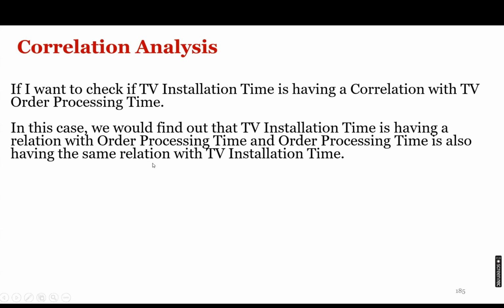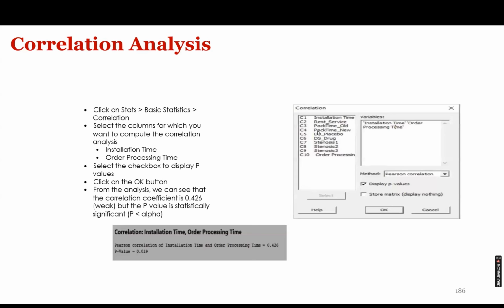One case study: I want to check if TV installation time has a correlation with TV order processing time, and vice versa. So we select the statistics menu, go to basic statistics, select correlation, and based on the process steps as shown on the right hand side, we select the variables installation time and order processing time.